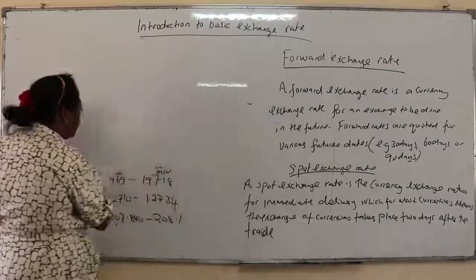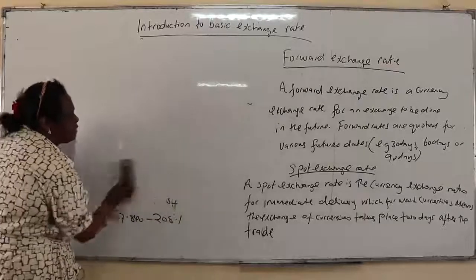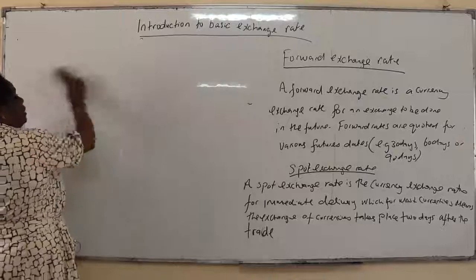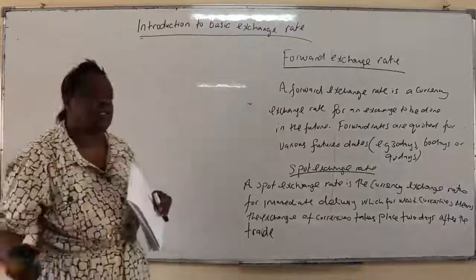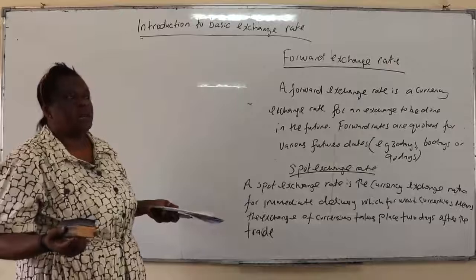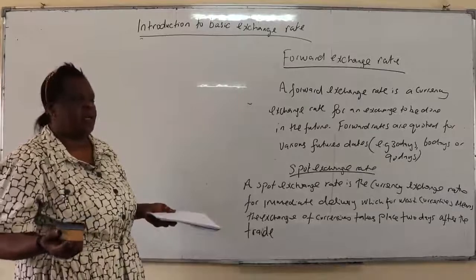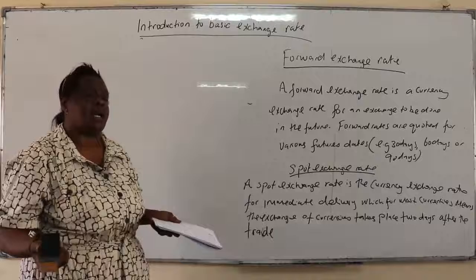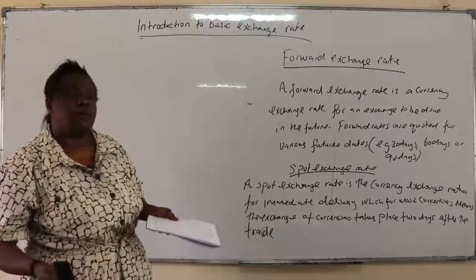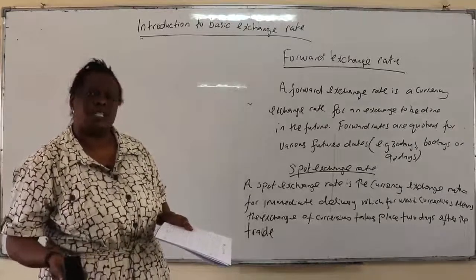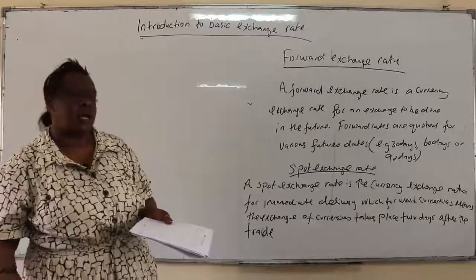Usually many people enter into a forward exchange rate because they want to hedge against risk. Maybe they have sold some goods outside the country, and they expect to be paid some money in foreign currency, maybe 15 days from now, 30 days, 2 months, or 3 months from now.